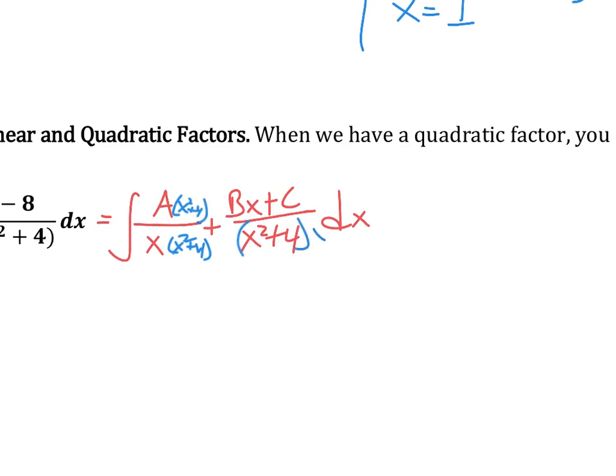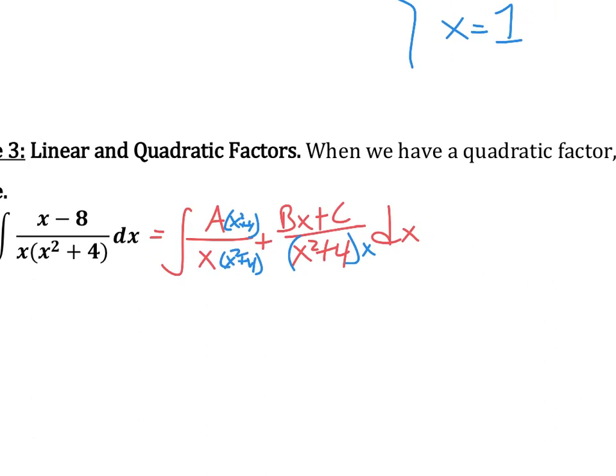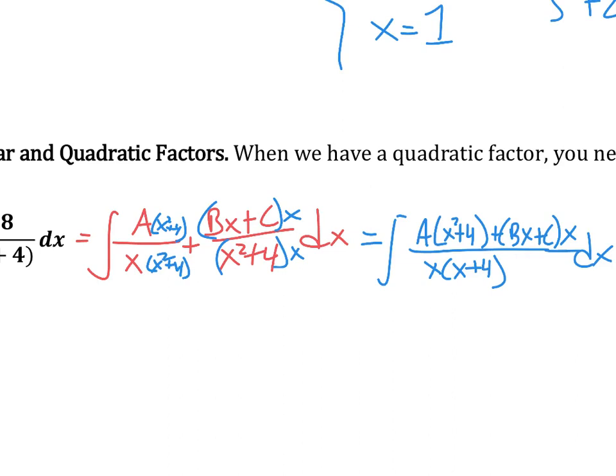This one we'll need to multiply by x on top and bottom. All right, and so let's see, that'll give us something like this, where we have our common denominator of x times x squared plus 4, and a numerator of a times x squared plus 4 and bx plus c times x.